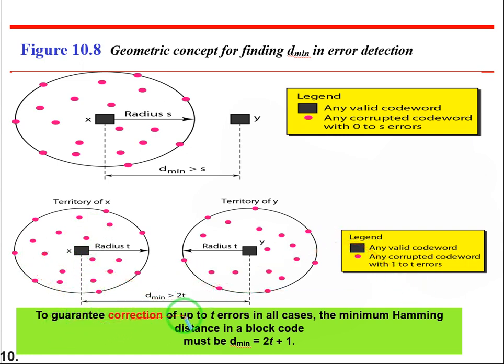So to guarantee correction of up to t errors, because we have two code words, it will be 2t, so the minimum Hamming distance in a block code must be d minimum equal to 2t plus 1. 2t is your number of bit errors and plus 1 is for the bit correction. Again, this is just a formula that we use. In an example later on we will see how we can use it.